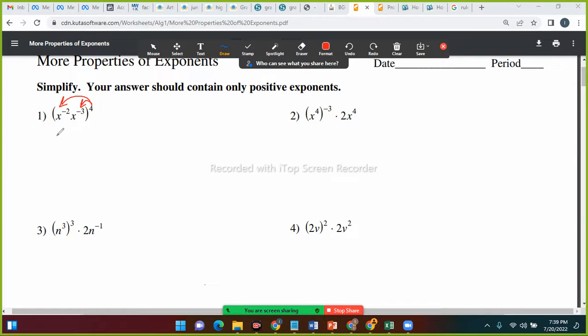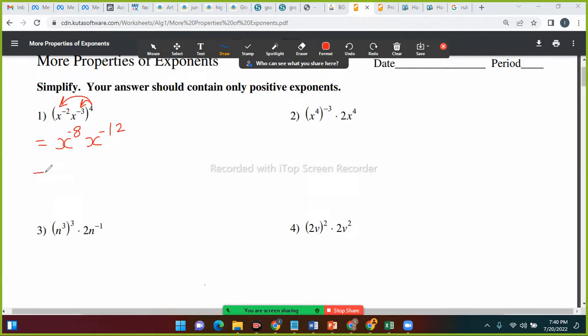So this would end up being, I mean, there's different ways to do it. Some people might distribute it first. Some people might deal with the parentheses first. If we do it like this, it'll be x to the power of 4 times negative 2, which is negative 8, multiplied by x to the power of 4 times negative 3, which is negative 12.